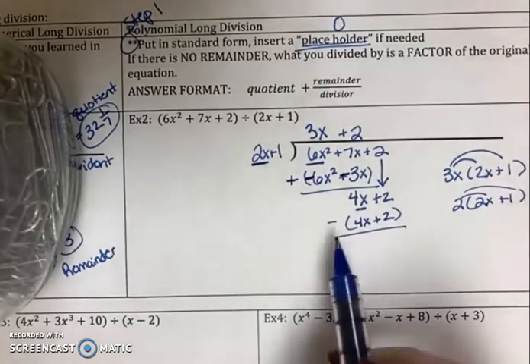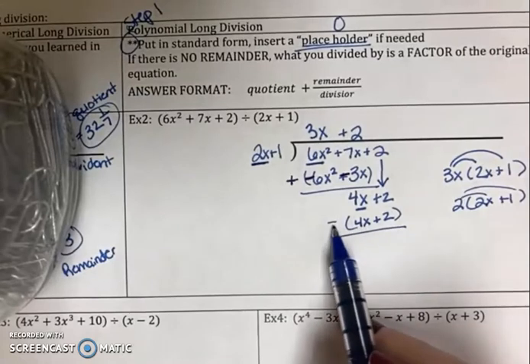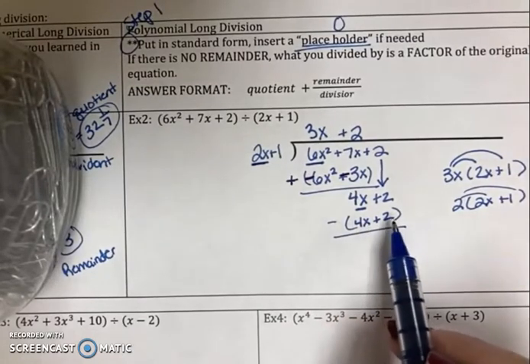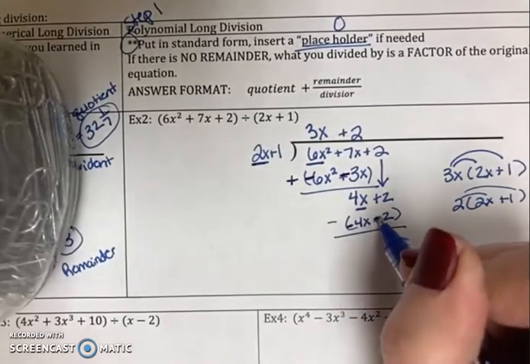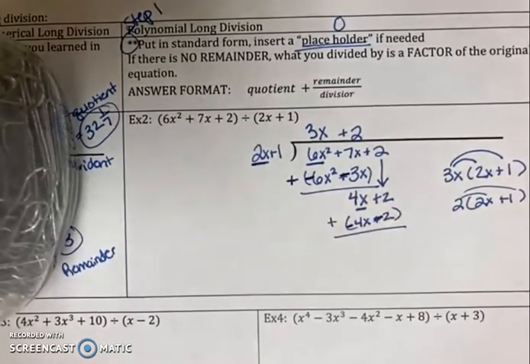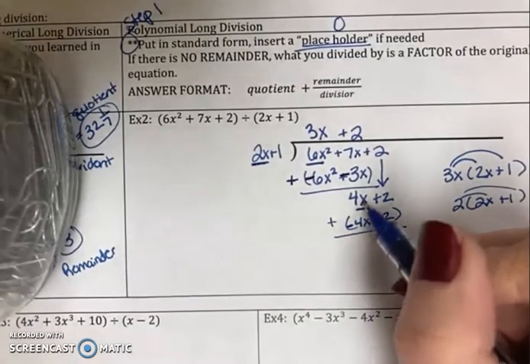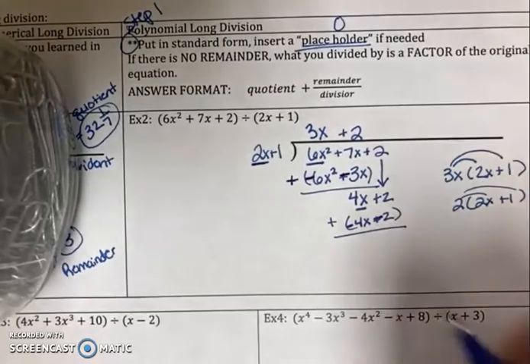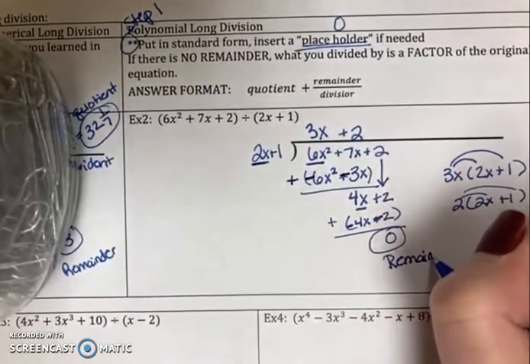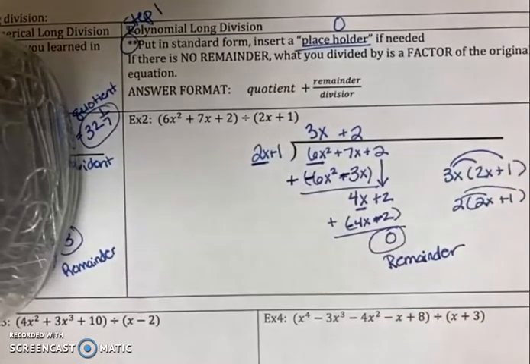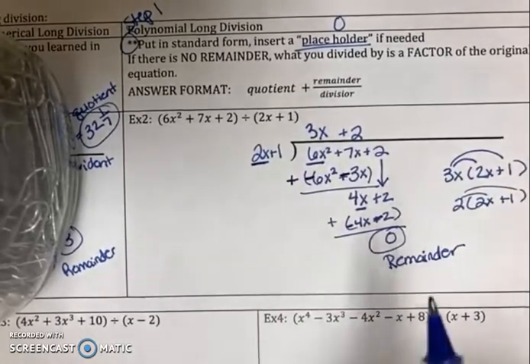Remember, we are subtracting this expression, so that negative goes to each term. So this becomes a negative 4x and a negative 2 that we would now add because I changed the signs. These cancel out, and then I have 2 minus 2, which becomes a 0. That's my remainder, because 2x cannot go into 0.